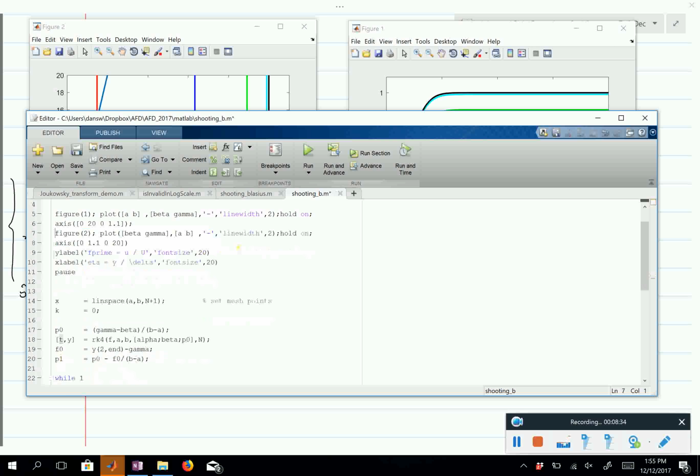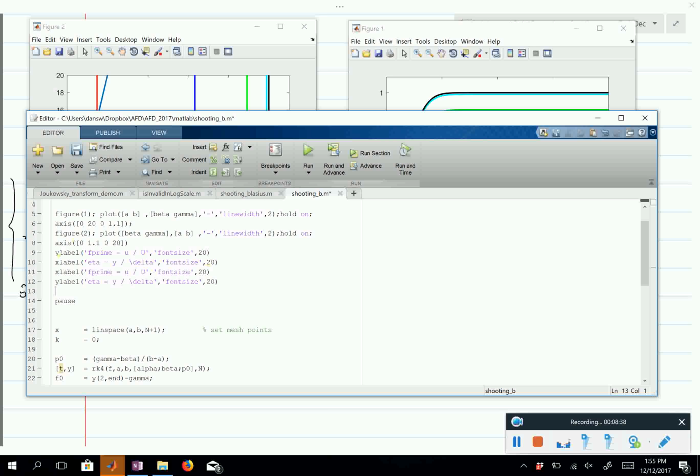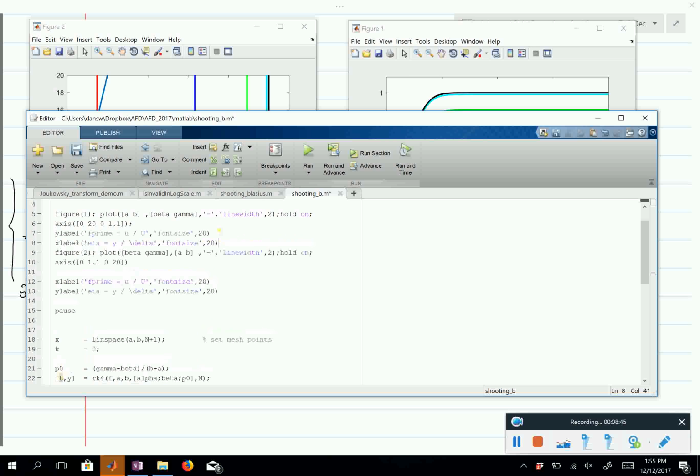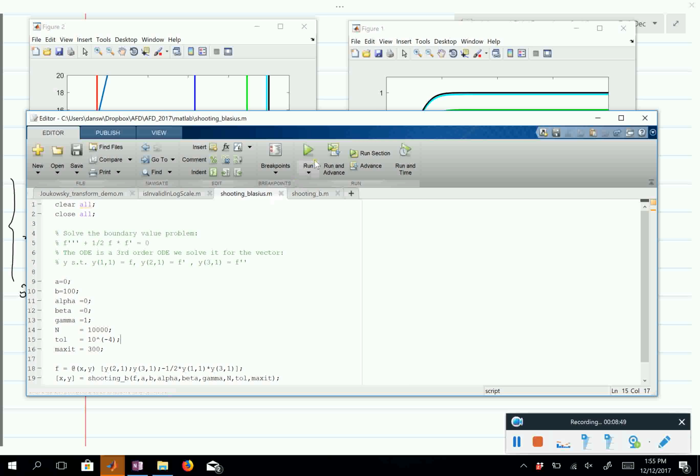I just don't want to confuse you, so I'm going to redo that real quick here. I changed the labels on the wrong plot. So let me redo that. Okay, and now we'll restart because that was a bad demo. So now it should start again.